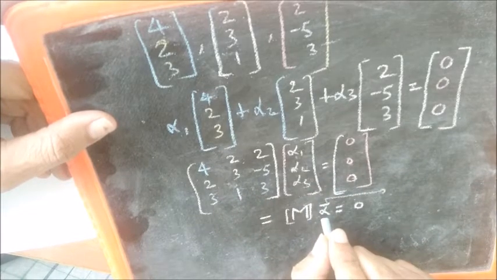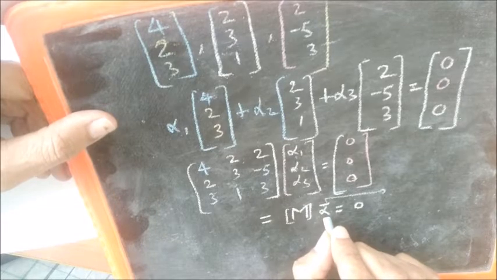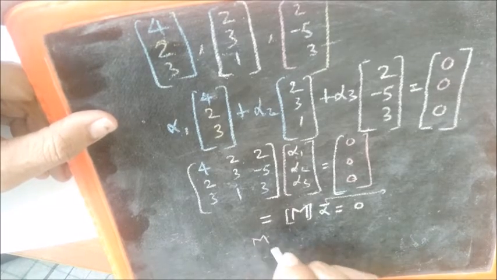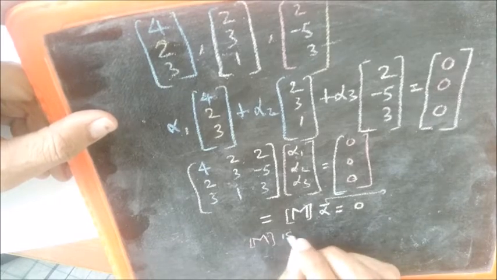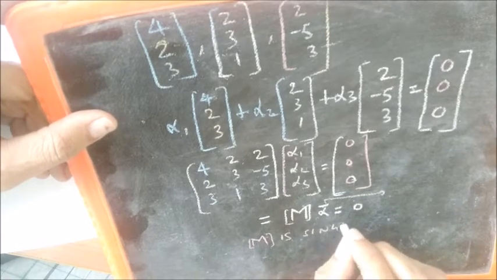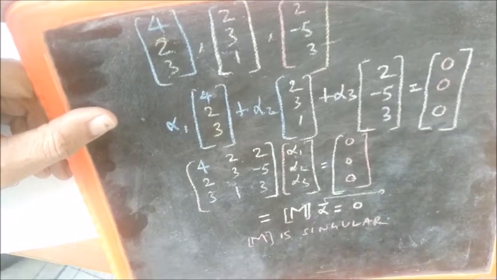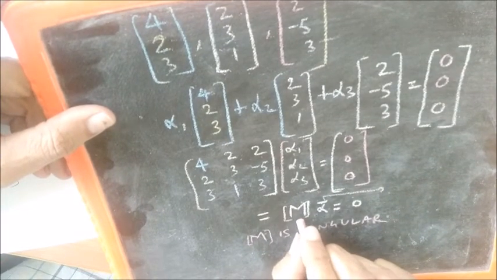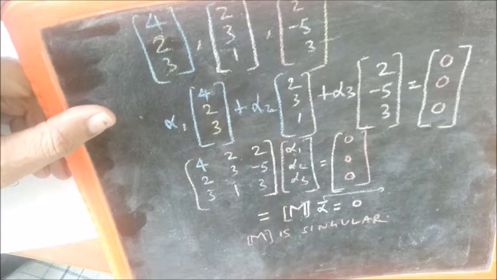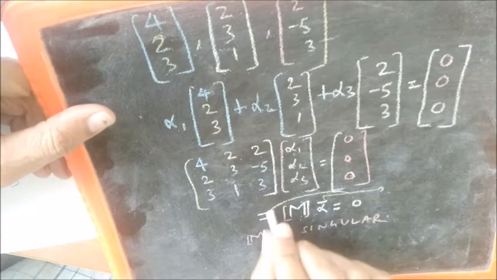So a non-trivial solution is possible here only if the matrix M is singular, that is, it is not invertible. So if matrix M is not invertible, it is guaranteed that there is a non-trivial solution for this equation.